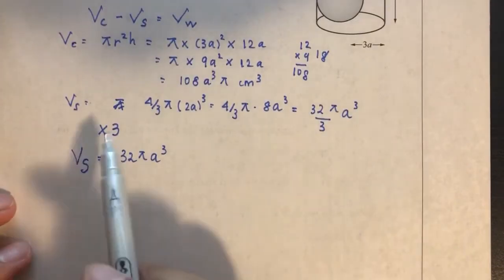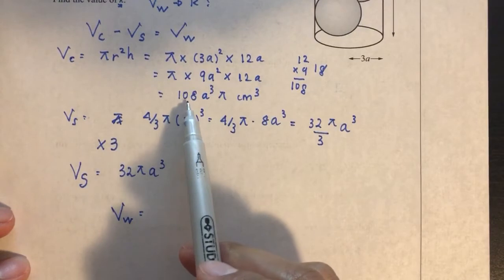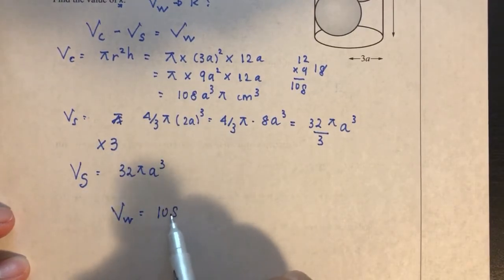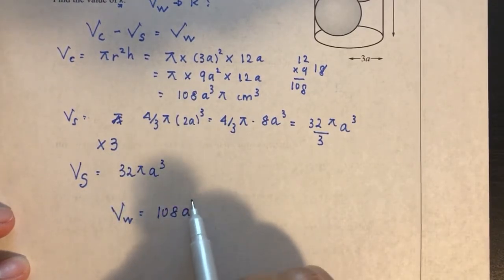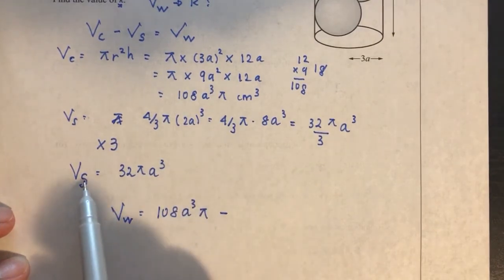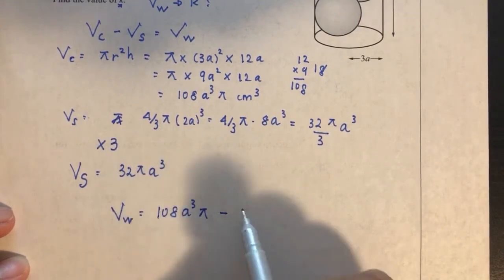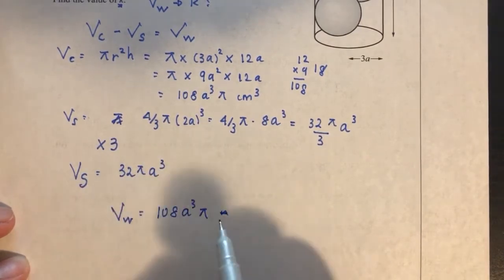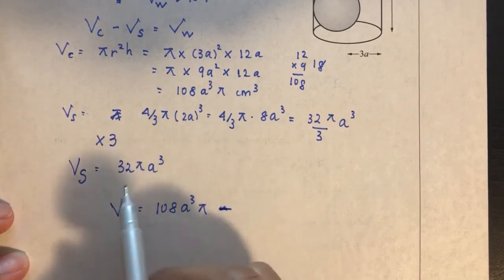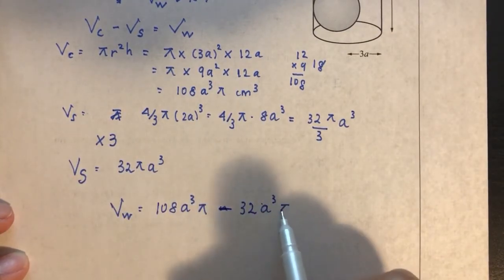Right. So now let's find the volume of water, which is the volume of the cylinder, 108a cubed pi, minus the volume of the spheres, which is 32a cubed pi.